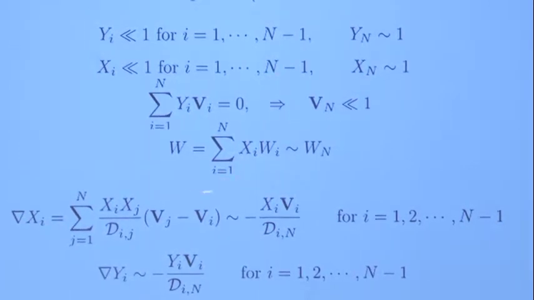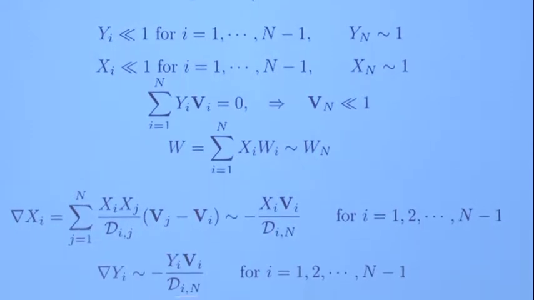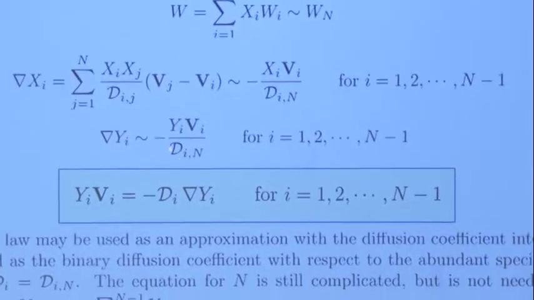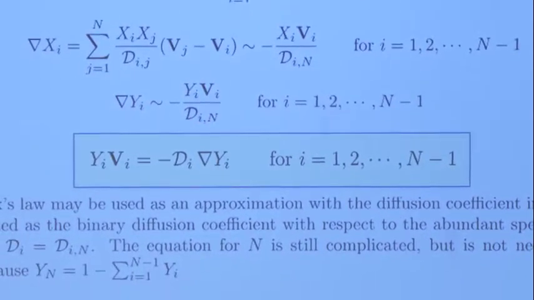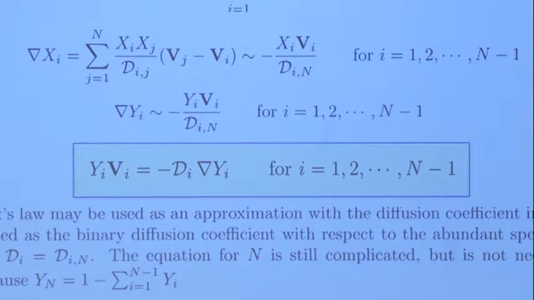And so when you substitute that in the Stefan-Maxwell relation, you essentially obtain Fick's law for each species, but the coefficient here is this one, D_IN. In other words, it's the diffusivity of species I into the abundant species.